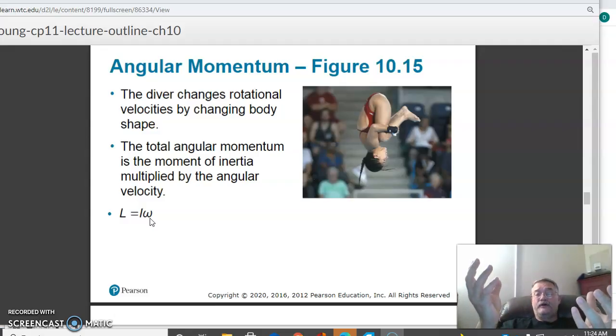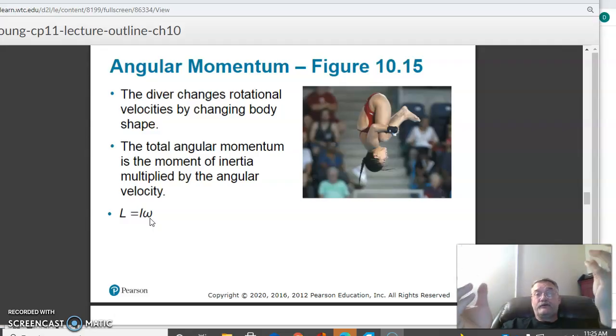If the angular momentum stays the same and the rotational inertia goes up, then the angular speed will come down, and they affect each other in an inverse way, the rotational inertia and the angular velocity.